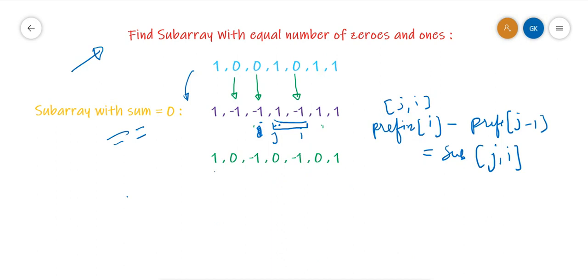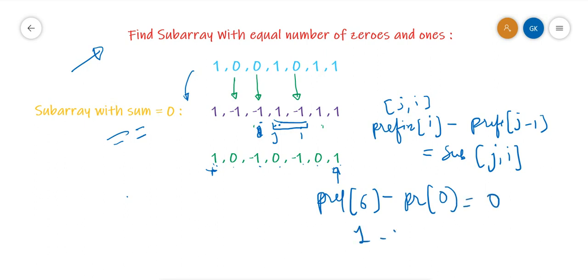We can also see this if we are currently at this 1. 1 was already present in the prefix sum, 1 was already present here. So prefix of 6 minus prefix of 0 is 0, because these are both equal.